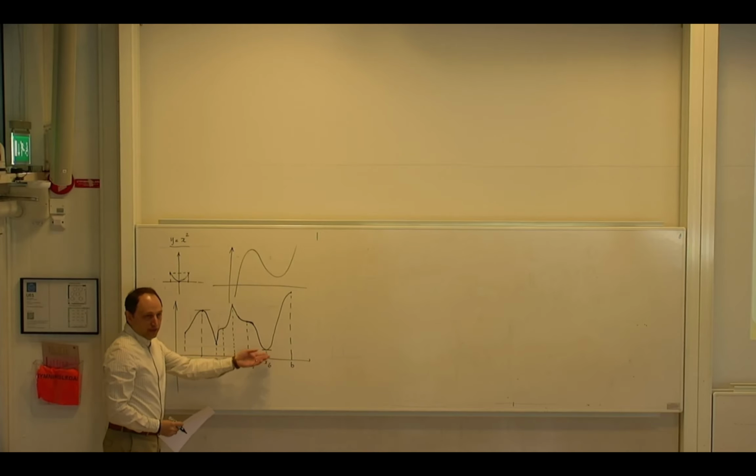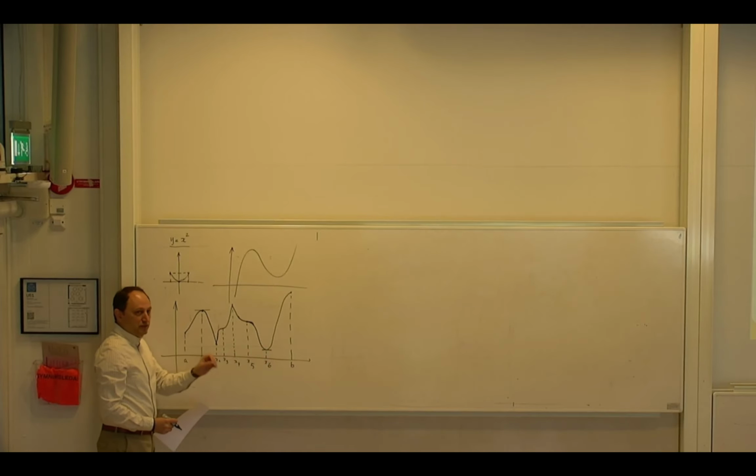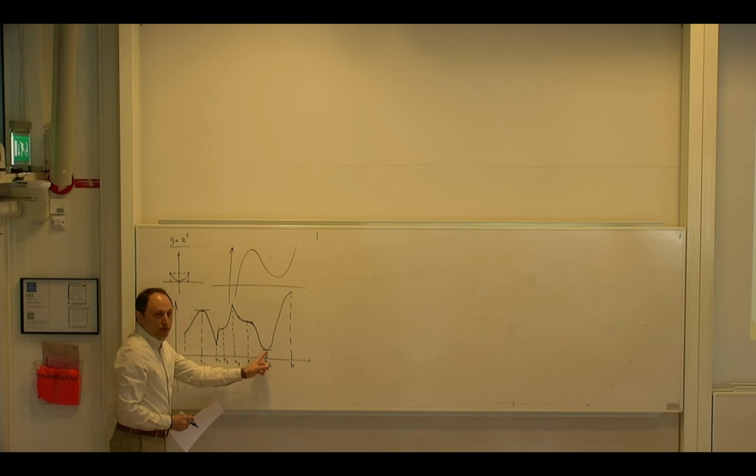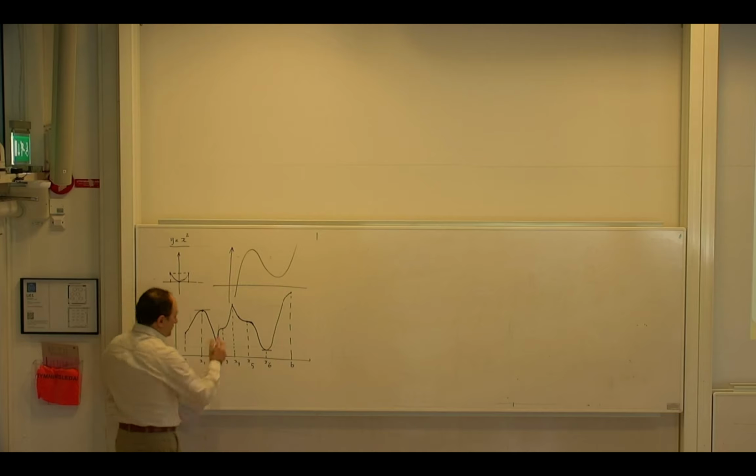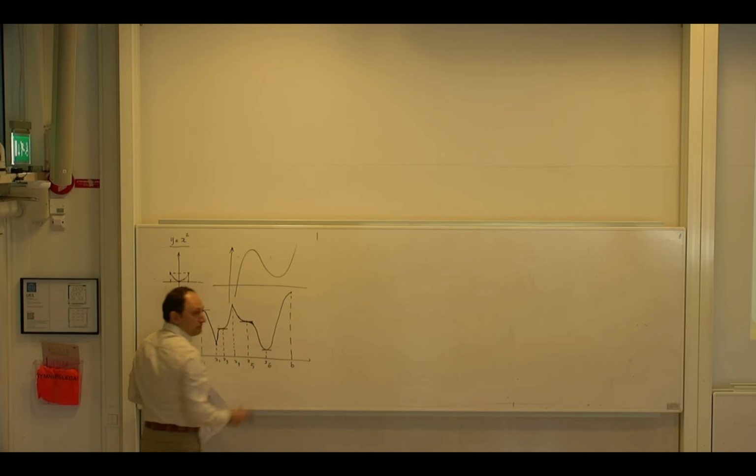The tangent is horizontal. So if I take the derivative and equate it to 0, the answers that I get include this one, because the tangent is horizontal. This one is also among them, this is also horizontal. And of course, if I could draw it carefully, this one is also among them, and this one too.